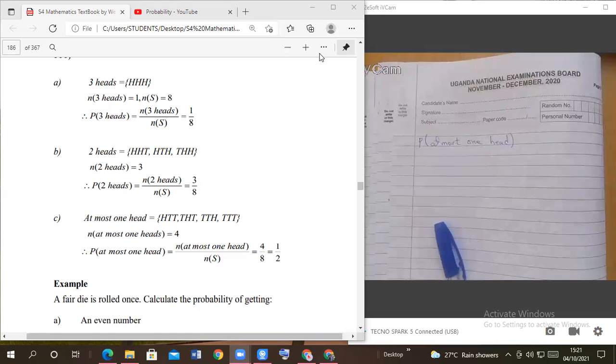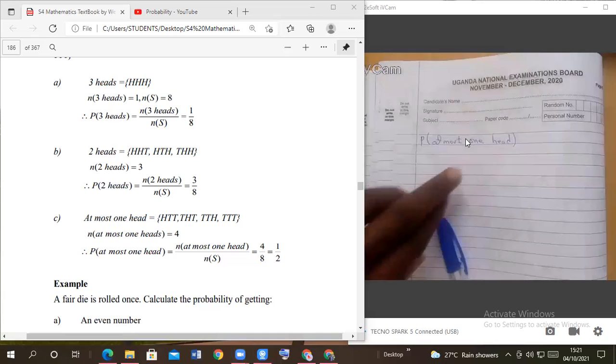Good. At most means maximum must be 1. You can give me 1 or you cannot give me. But if I said give me at least 1 pen, how many pens can you give me, members? 1 or more.